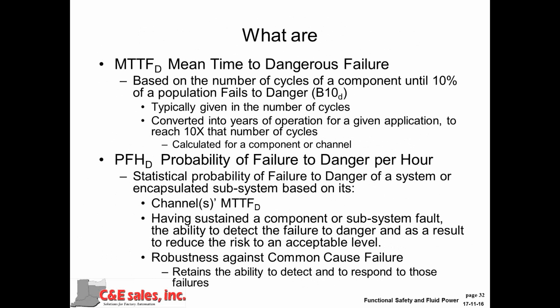A couple quick terms that we throw around quite a bit: mean time to dangerous failure. That is the interval at which the device is expected to fail at a certain percentage.